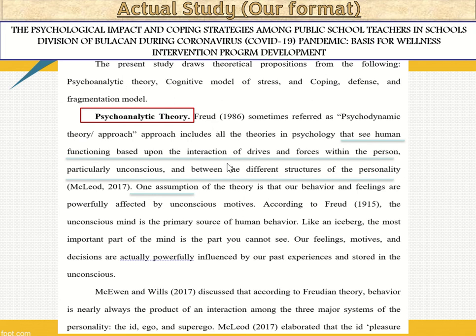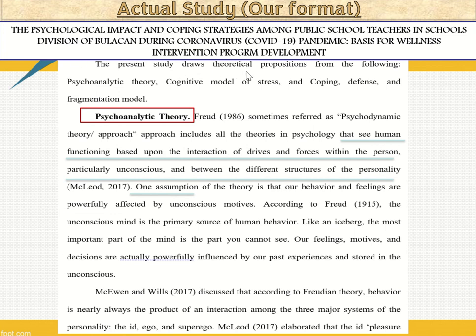Then, there are three theories that he got here, so he enumerated them. Okay? So, again, you can use this as your opening statement for your theoretical framework.